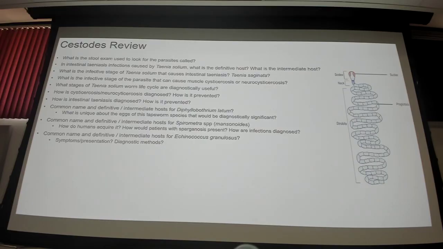Imaging. Yeah, you do some imaging, MRIs, CT scans, ultrasound especially, with echinococcosis. Okay, Echinococcus multilocularis. What is the common name for that? Fox tapeworm, yes, and the definitive host?